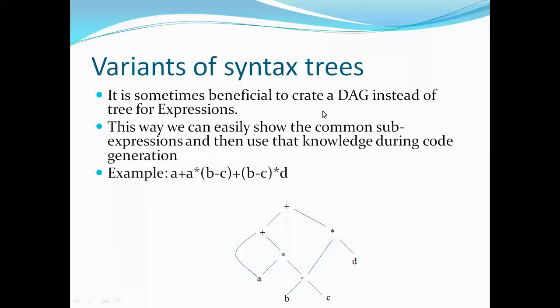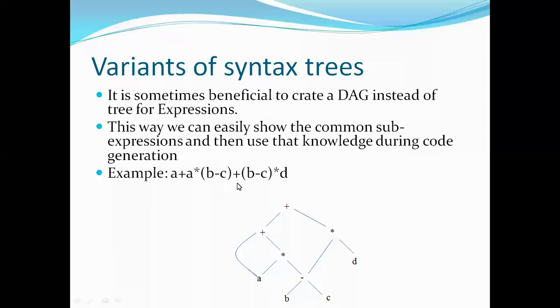In the given expression, a plus a into b minus c is one half, and b minus c into d is the other half, right? In between we have an operator, and this plus is the root node of this expression. Make a note of this.